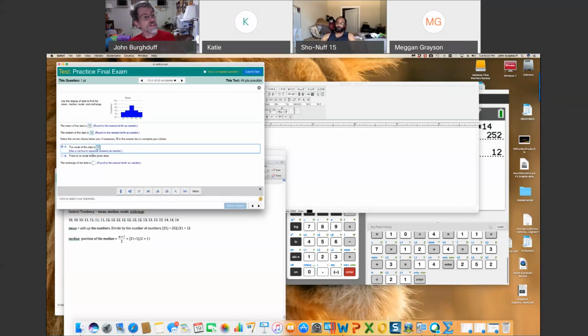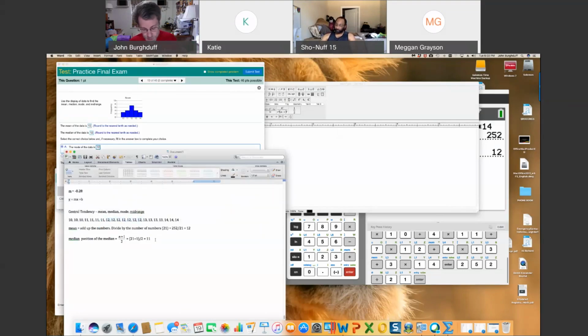And mid-range, that's next, right? Yeah, mid-range. Mid-range is kind of almost useless. It doesn't really tell you much of anything. But the way you figure it is you take the lowest value in your list plus your highest value, and then you divide by 2. So you're averaging the highest and lowest values.